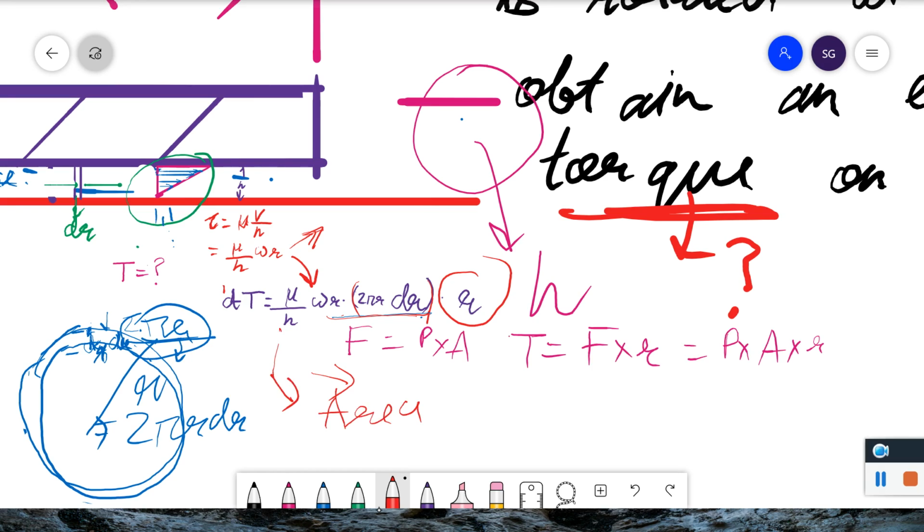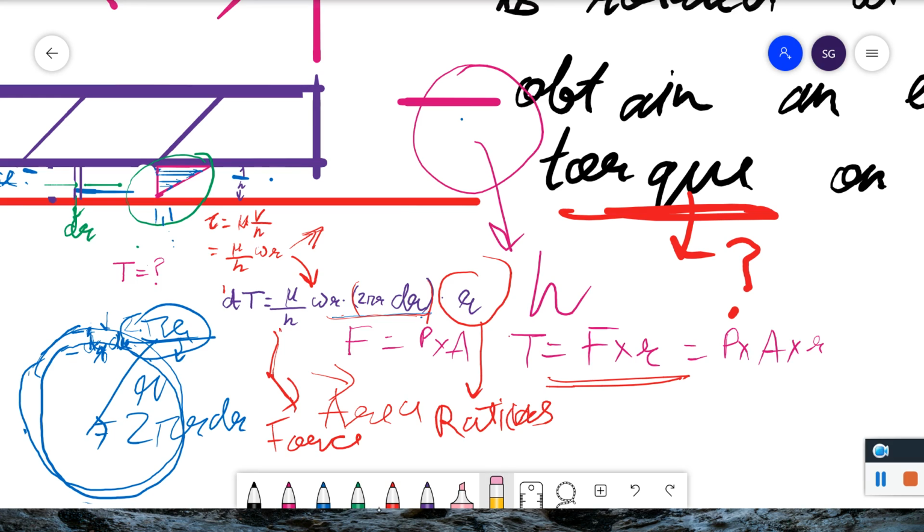This comes for the force. Okay, force into area into radius. Sorry, this is the pressure. I am really sorry for this. This is the pressure. Of course it is pressure.